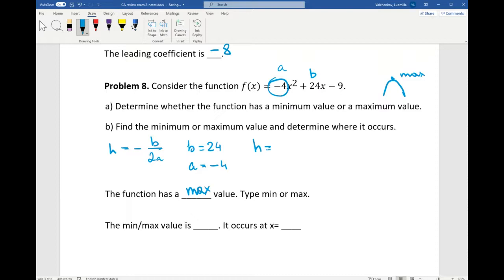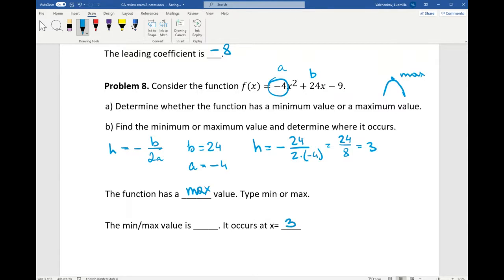Let us find h: -24 divided by 2 times -4. Negative divided by negative will be positive, and we have 24 divided by 8, which is 3. So the maximum occurs at x equals 3.